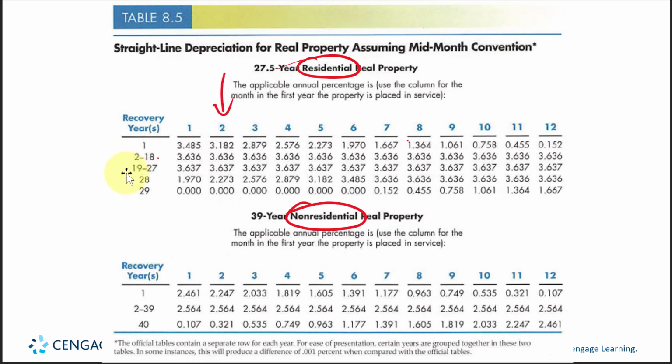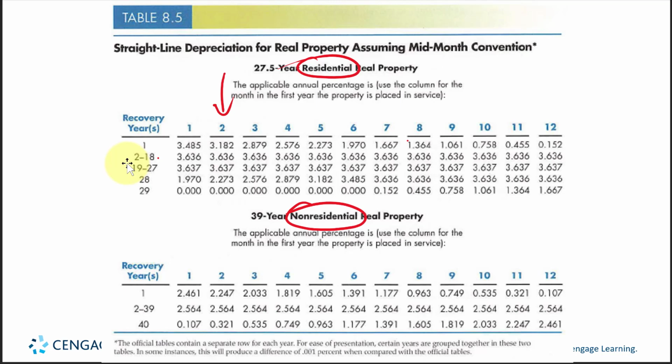You notice they kind of bunch the years together, but this footnote at the bottom implies that there's some rounding error, and just for display purposes, they bunch the two rows together here. But the real depreciation rates, probably 0.001% off, are actually shown in the IRS publication that I have linked in our chapter resource folder.